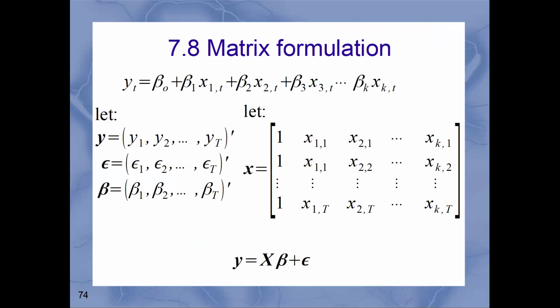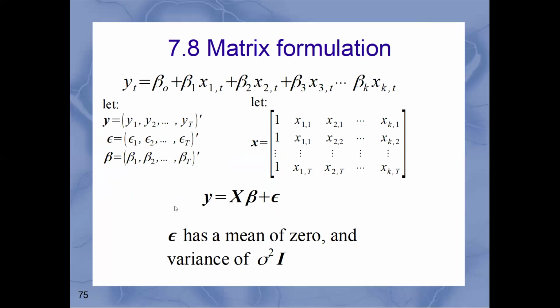We're not going to talk about this too much, but there's actually a matrix formulation of this. We can write this in matrix form where y is going to be our observations, epsilon is going to be our error, and beta is going to be the coefficients. We can write this as a matrix: y is equal to X, which is this matrix here, times beta, which is this matrix here, plus epsilon, which is this matrix, or these are sometimes called vectors.